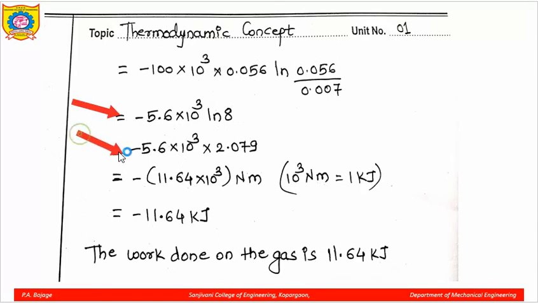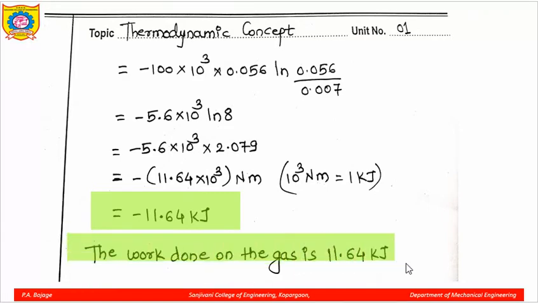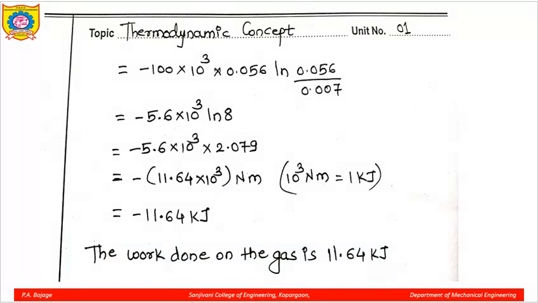So, when you simplify these terms, you will get the final answer as this. Work done is finally minus 11.64 kilojoules. The work done on the gas is 11.64 kilojoules. So, work is done on the gas.